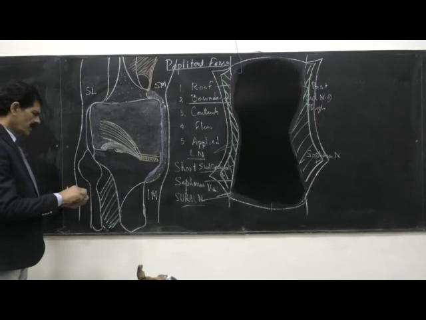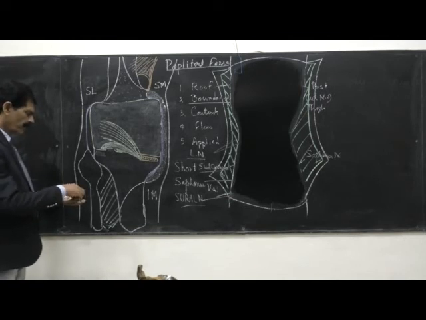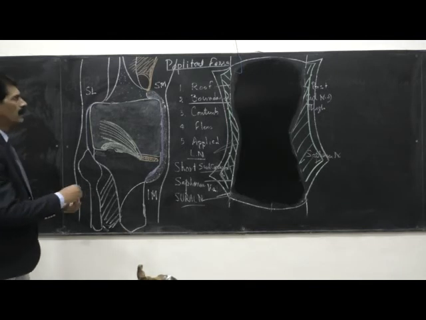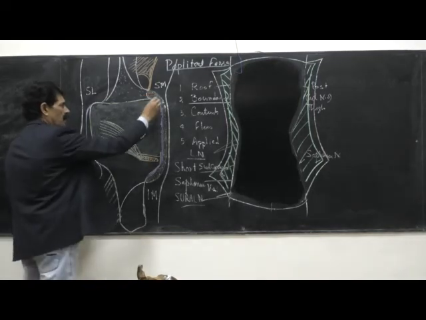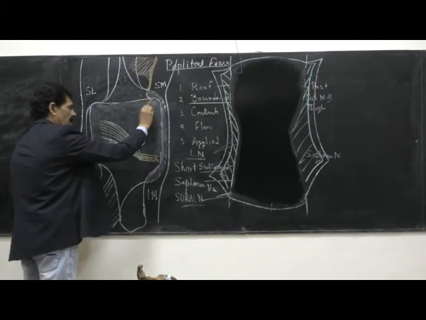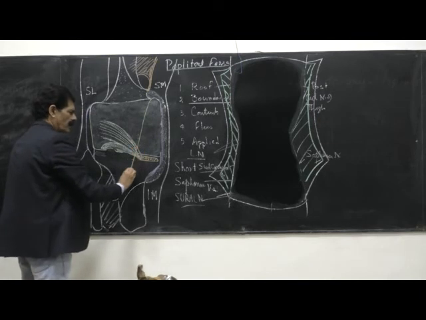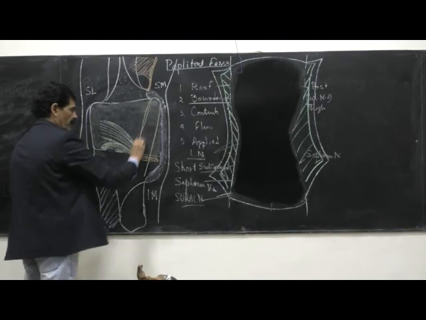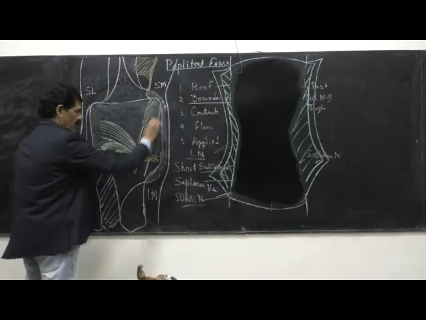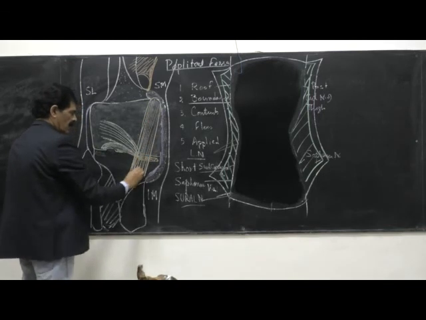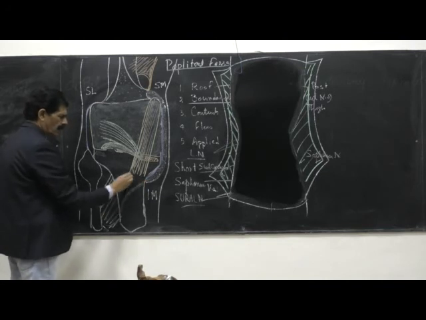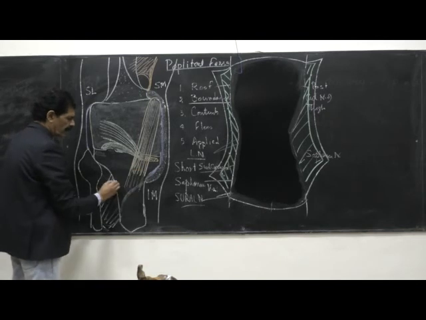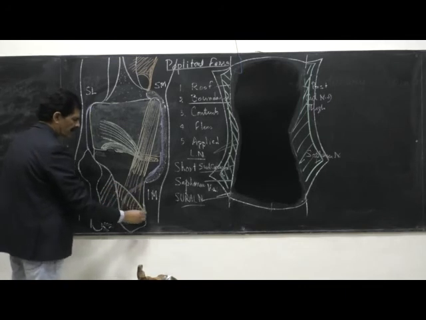The inferomedial boundary is formed by a muscle which takes origin from the upper part of the medial condyle, and this muscle comes downward obliquely and medially over the fibrous capsule of the knee joint, and it is fused with the soleus muscle, which takes origin from the soleal line or spiral line on the tibia.